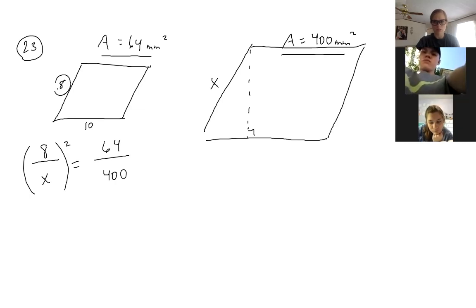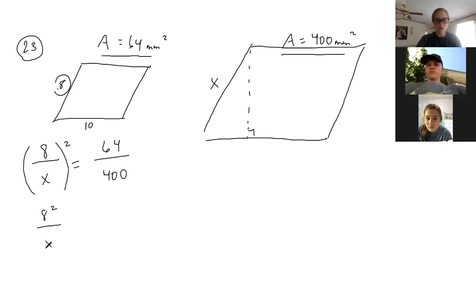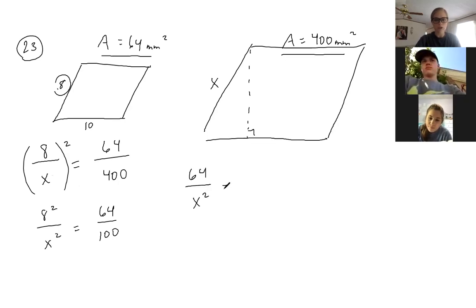Okay. Sorry, I couldn't hear you. All right. So 8 squared over x squared is equal to the areas of the other two parallelograms. So that's 64 over x squared is equal to 64 over 100. How do I solve proportions? Cross multiply.